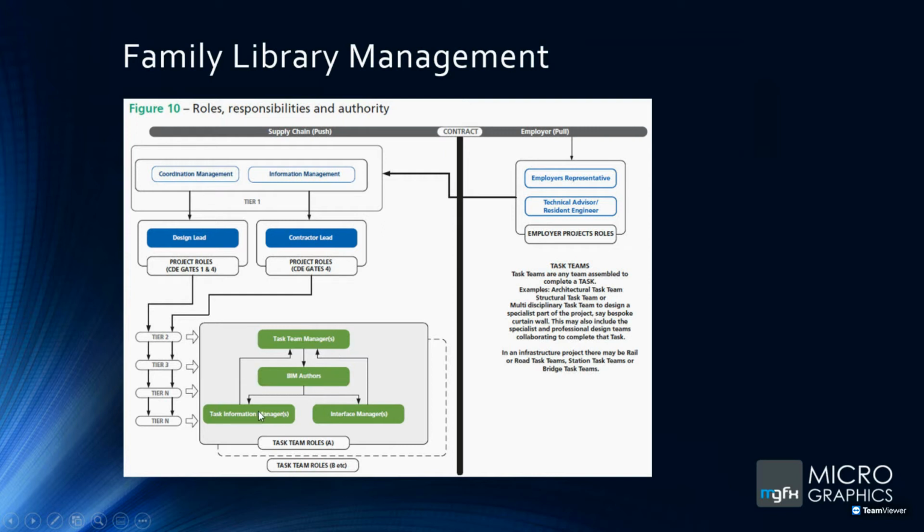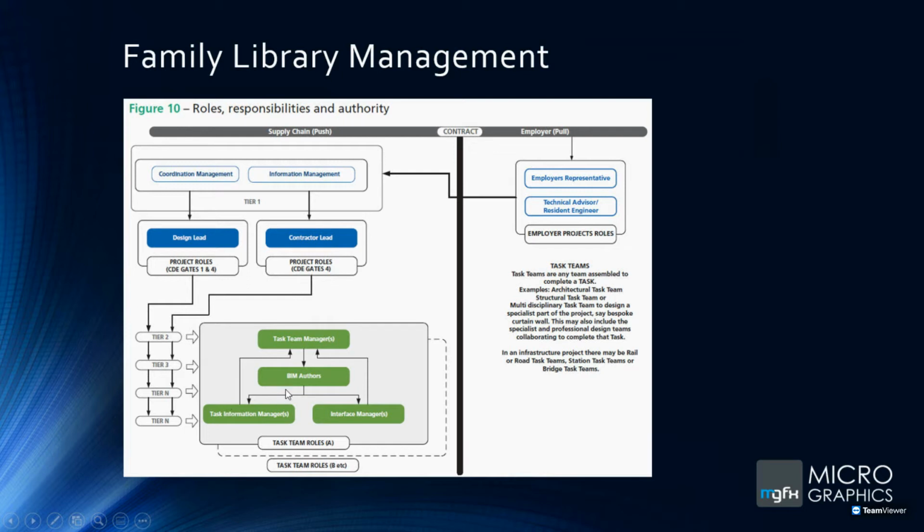And then we've got the task information managers. There's so much information that gets generated when modeling up a project, especially if it goes further onto something like a COBie deliverable, which is in essence a standard that is used globally for facilities maintenance. Then we need other disciplines or other people involved with the project.